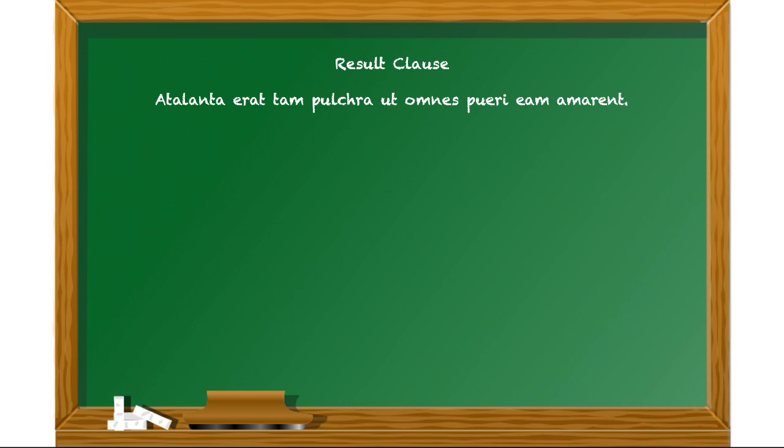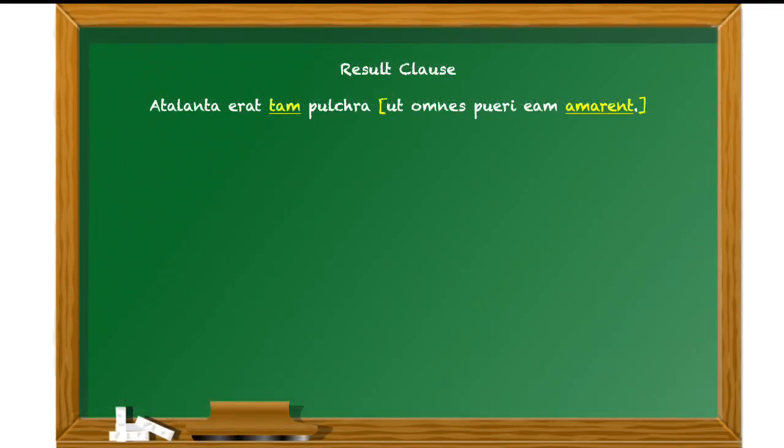Again, pause the video while you do that, and then press play to check your work. You should have underlined tam as the signal word, put brackets around ut through amarent, and then underlined amarent, which is our imperfect subjunctive verb.